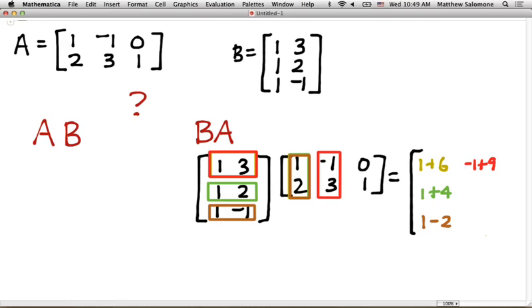And then we'll move a step down and do 1 times negative 1 plus 2 times 3, negative 1 plus 6, and finally move one more step down and do 1 times negative 1 plus negative 1 times 3, negative 1 minus 3. And last but not least, the final column, 0, 1. So here we'll have 1 times 0 plus 3 times 1. And that's just 3.